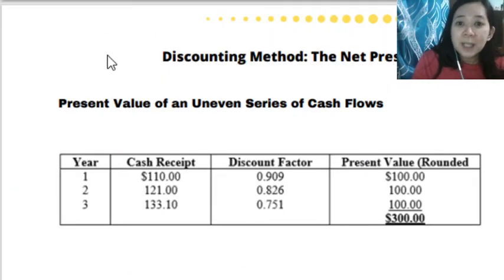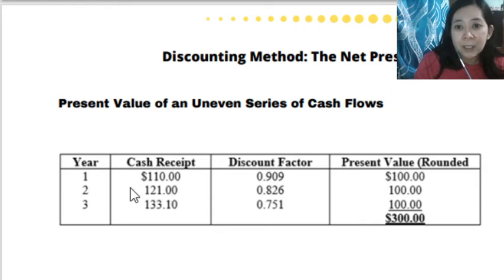we will use this example or illustration for you to understand better the concept of present value. For this one, we have an uneven series of cash flows. Meaning to say, every year the investor receives a different amount of cash inflows.